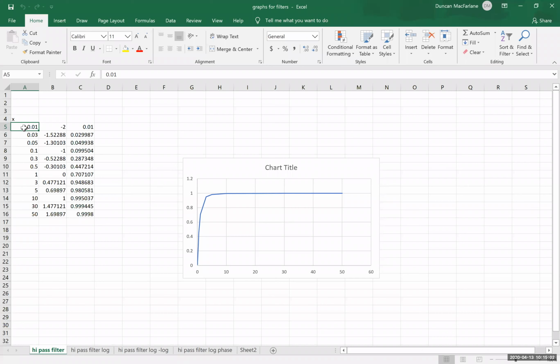I'm just going to write everything in terms of omega RC. And so when omega RC is exactly equal to 1, I'm going to have 1.